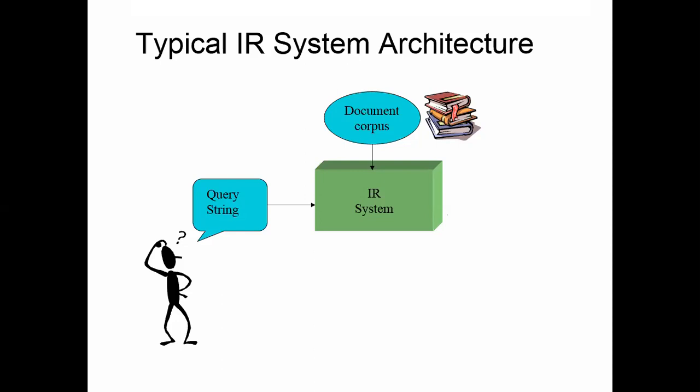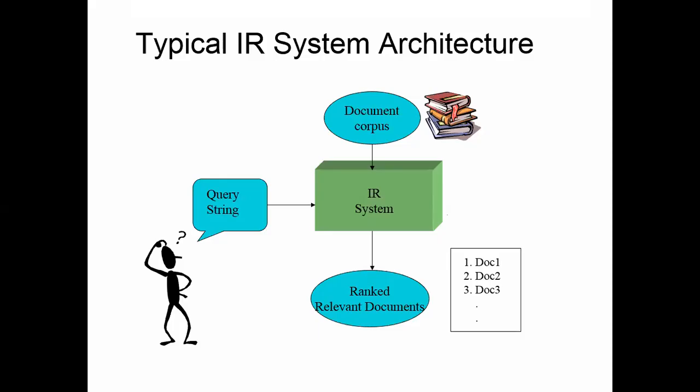For that, we need to design a searching subsystem, responsible for searching the indexed document corpus for the documents more relevant to the user's query. And finally, we expect the IR system, after accepting as input the user's query and the document corpus from the author's world, to generate as output ranked relevant documents.